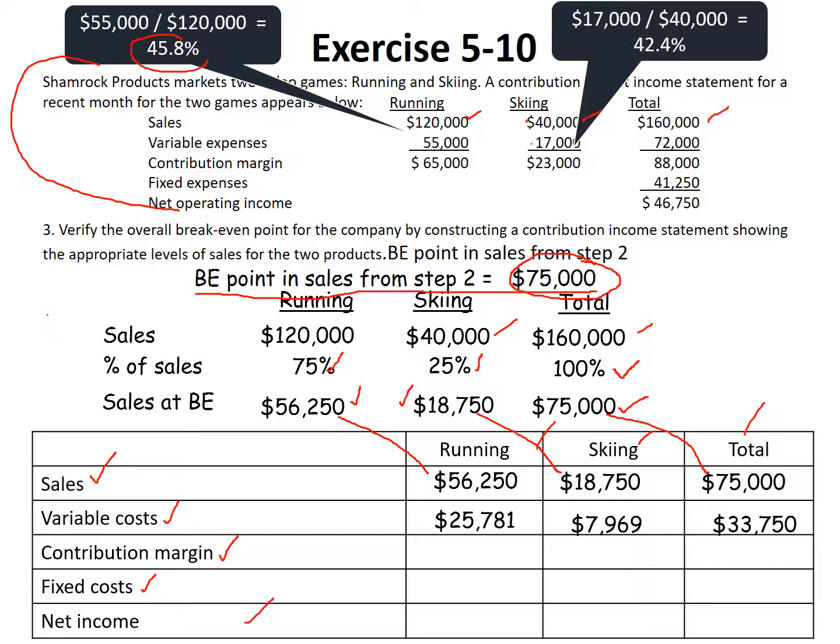I multiply that times 45.8%, and my variable costs then equal $25,781. I'm going to do the same thing for skiing with variable cost, $18,750 times 42.4%, and that comes out to $7,969. If I cross-foot those, it comes out to $33,750. Now I can calculate my contribution margin.